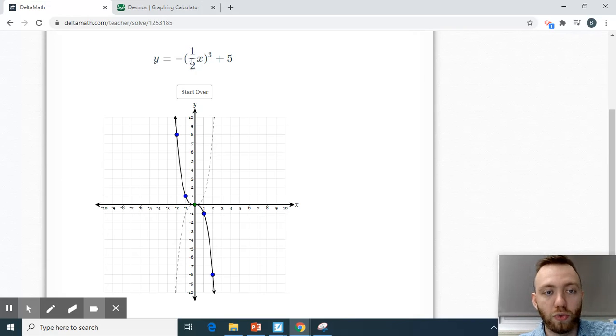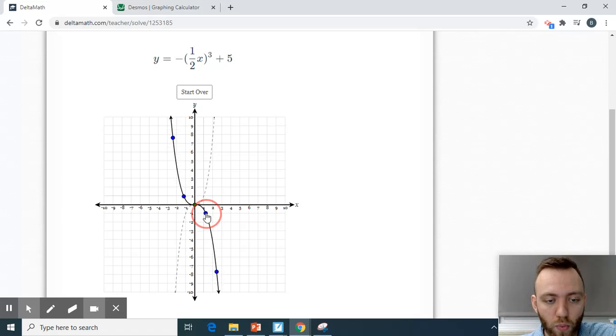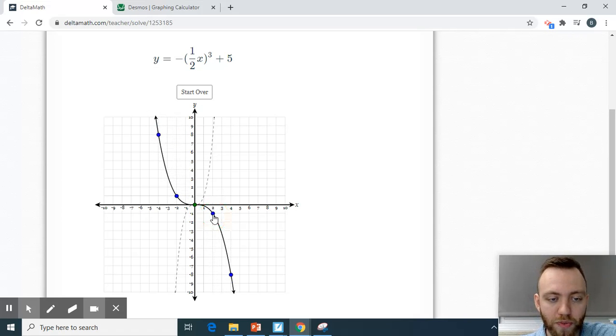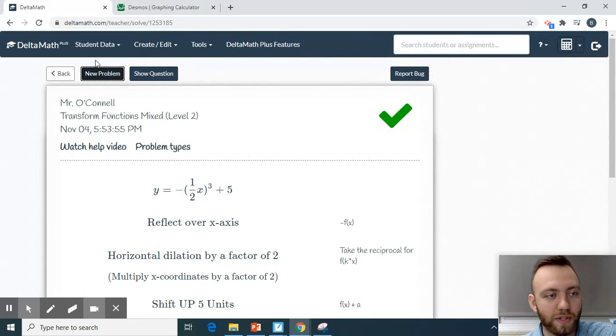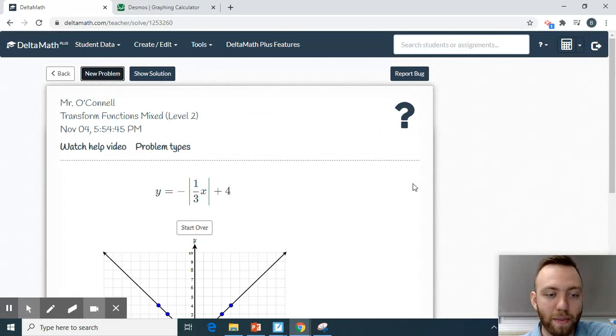Now, this dilation is on the inside with the x, so we're going to move in the x direction, but instead of multiplying by 1/2, we're going to multiply by the reciprocal, which is 2, so this 1 should really be a 2. And then finally, this plus 5 is a translation, and it's outside, so we're just going to move that guy up 5. So these ones, you just have to take it step by step.